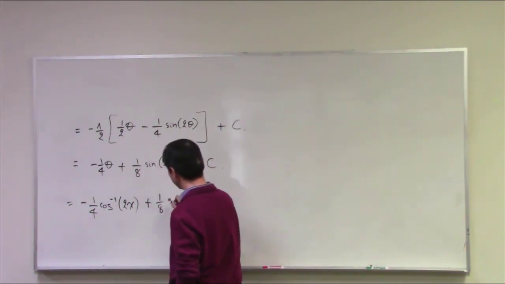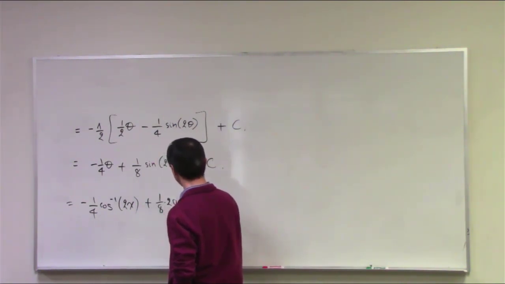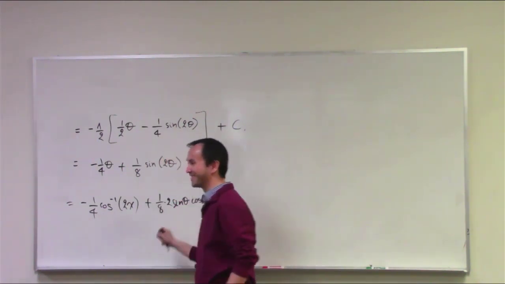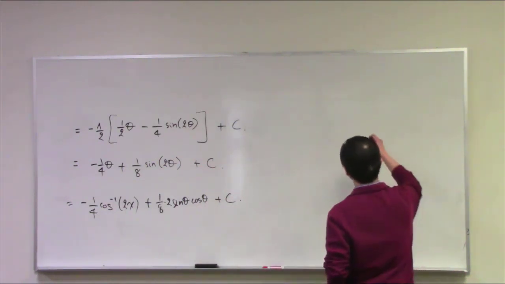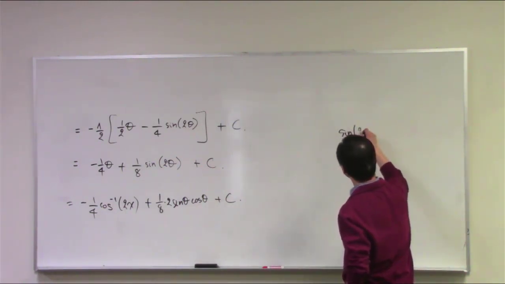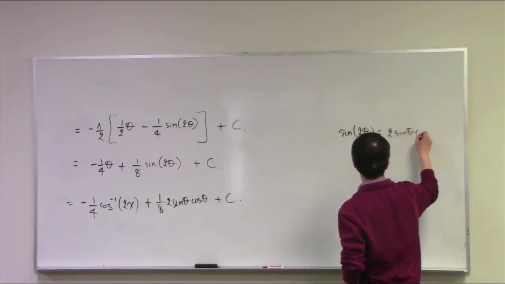Sine of 2 theta is the same as 2 sine of theta times cosine of theta, plus c. You guys can remember that? The sine of a double angle, any double angle, equals 2 times sine of theta times cosine of theta.